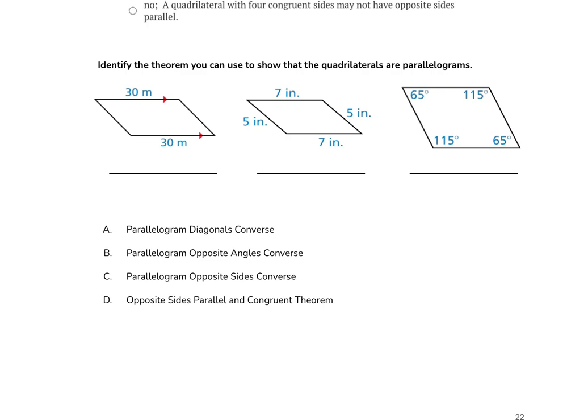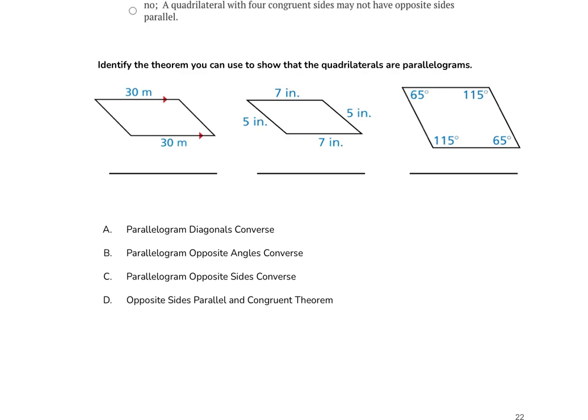Okay, so on the first one, what do we know about the first picture on the left? Okay, these two sides are parallel. What else is true about the top and bottom? They're congruent, right? So the top and bottom, do we know anything about the left and the right side? No, we can't prove anything about the left and the right side. So in this case, we have one pair of sides that is congruent and parallel.